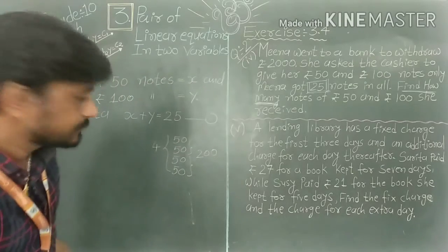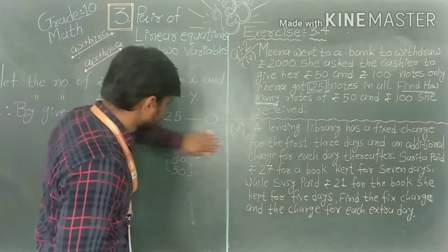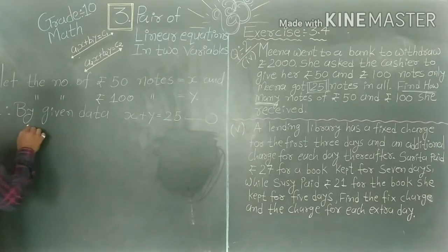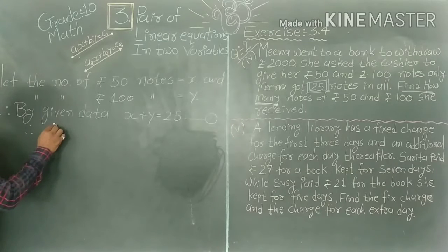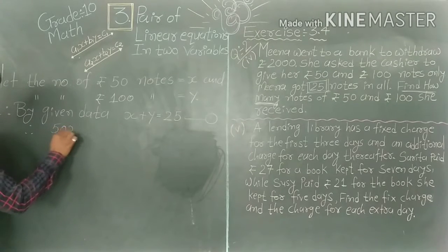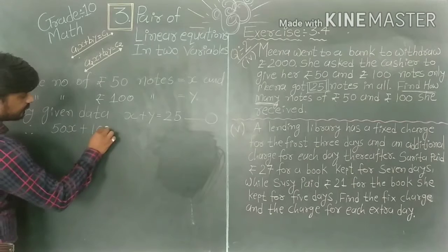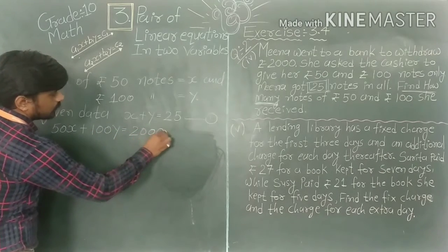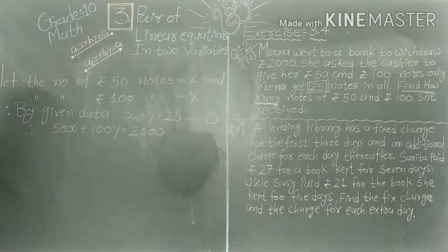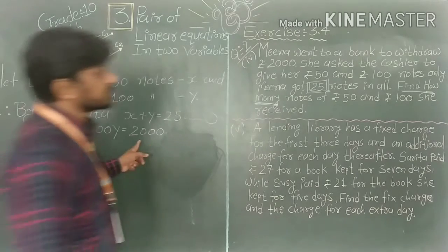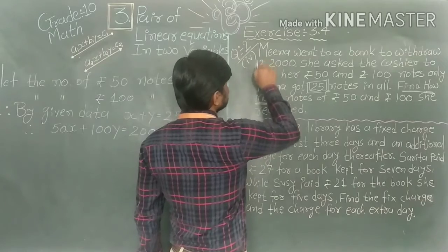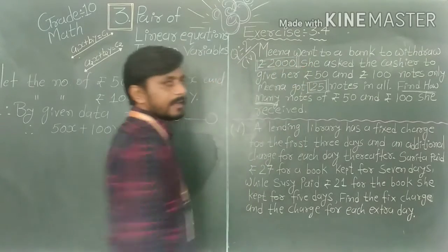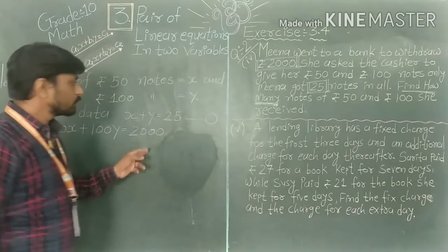So I write here the second equation: 50X plus 100Y is equal to 2000 rupees. Total here is 2000 rupees.